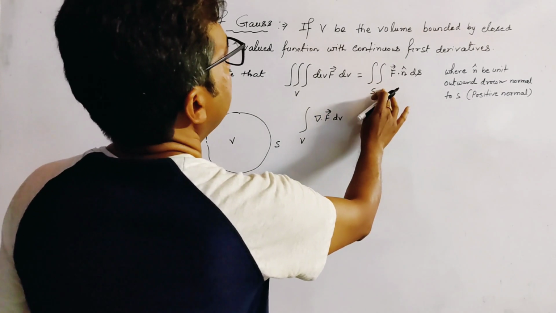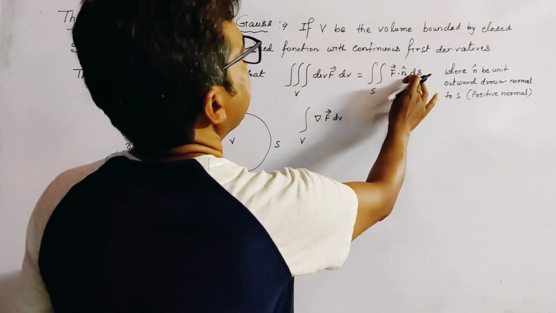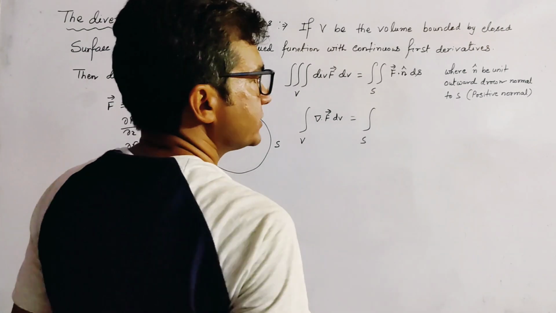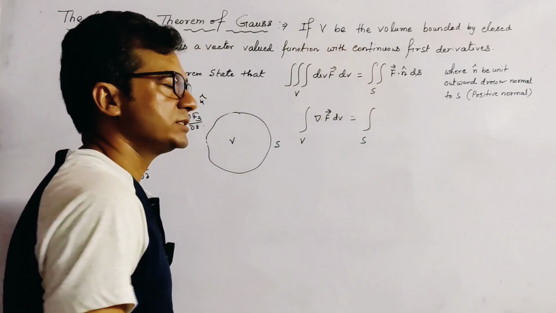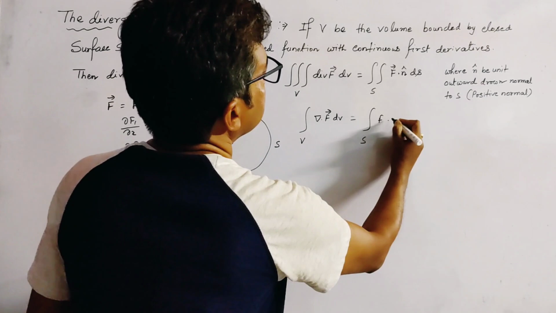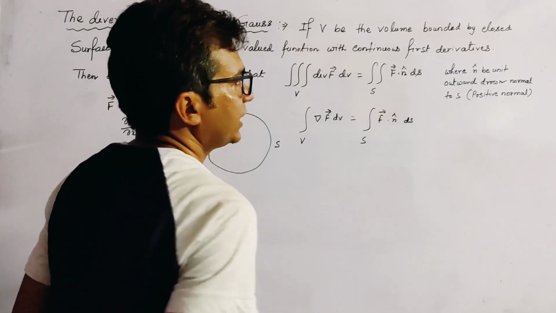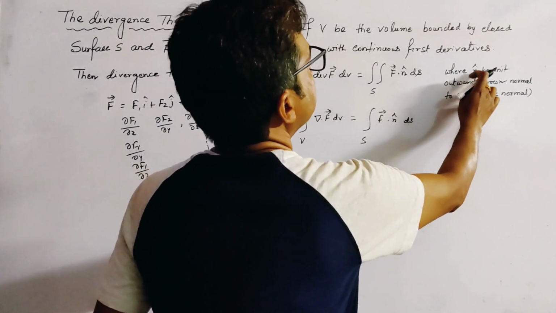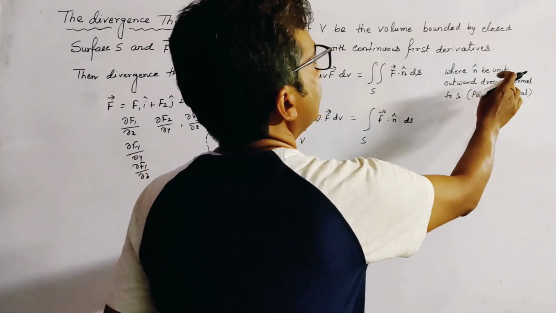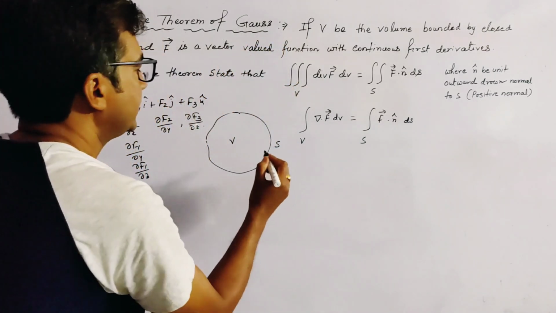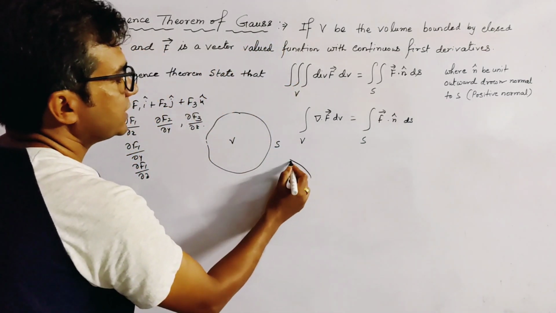This is equal to the double integration over S of F dot n cap dS, where n cap is the unit outward drawn normal. Unit outward drawn normal means, let the surface be like this.